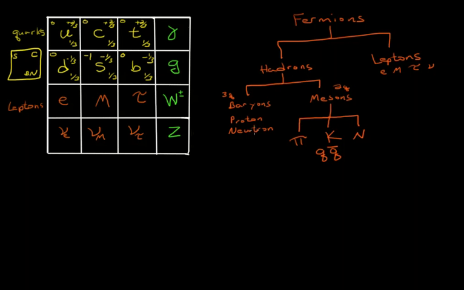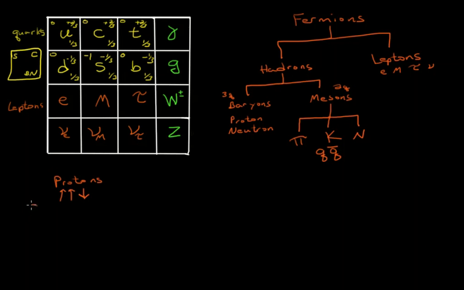But let's look at what these are made out of. Protons, let me write it over here. Protons are made from 2 up quarks and a down quark.